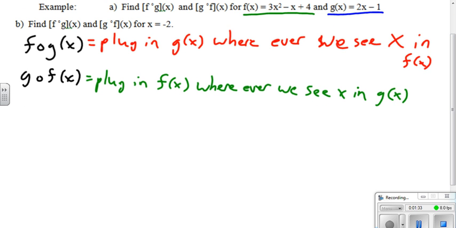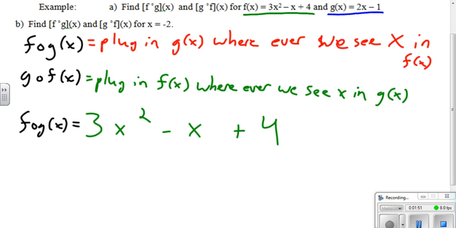So first we'll do f of g of x. Well, that means we're going to be looking at f of x. Now f of x is 3x squared minus x plus 4. But we're plugging in g of x wherever we see x.